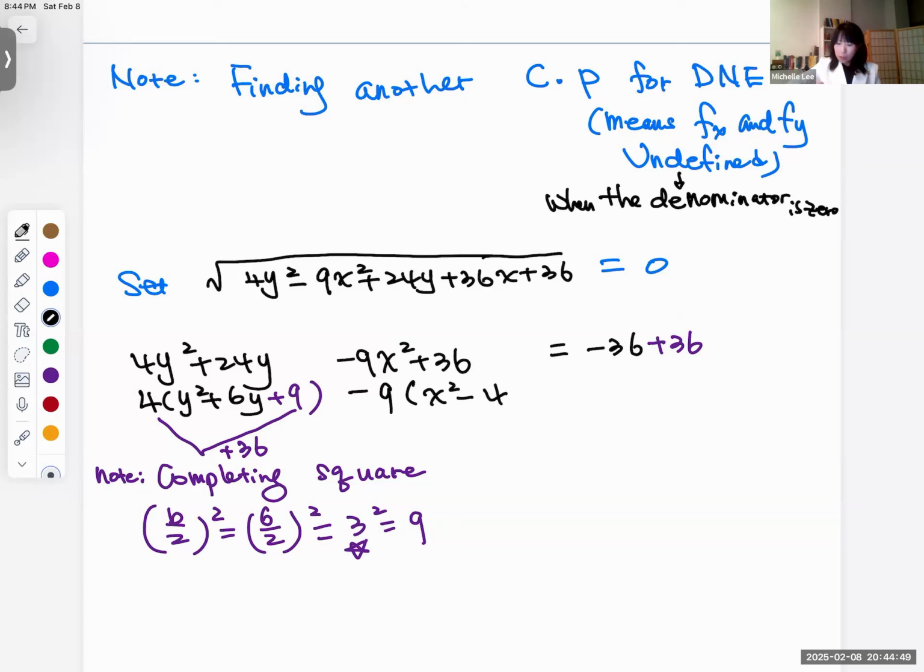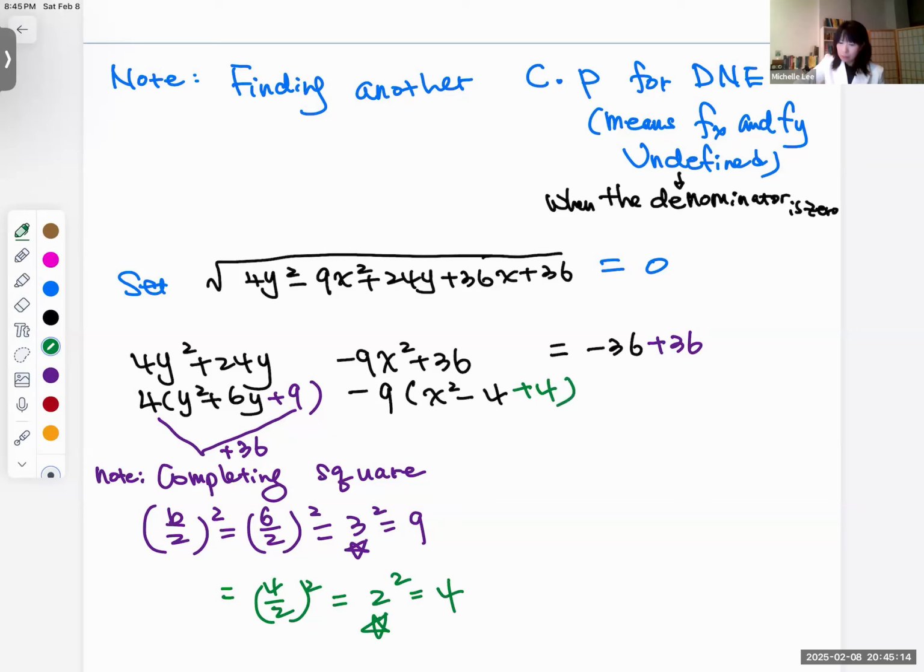Okay, now we have 4 over 2 squared. Then there's a 2 squared. And then we are going to use this number later, and 4, right? So that will be positive 4.